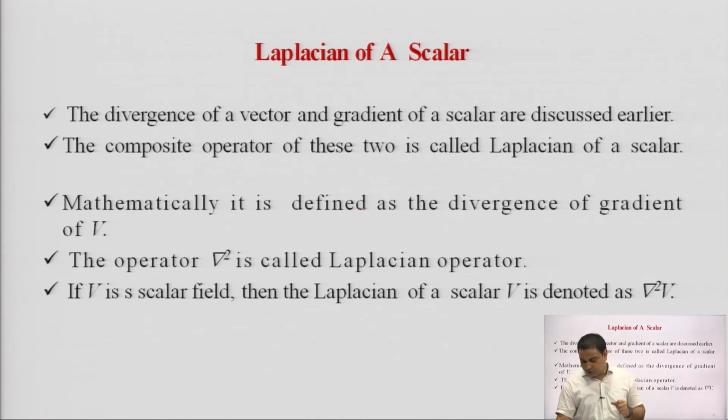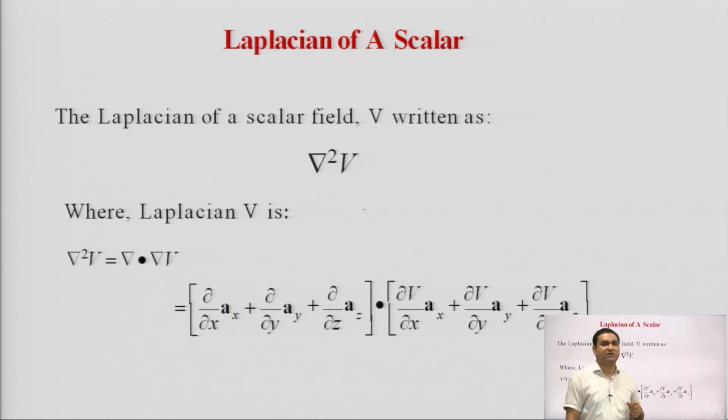It is a very important operator, and we have to use this Laplacian operator in all kinds of coordinate systems. The Laplacian of a scalar field V is written as del square V, which in Cartesian form can be written as del by del x A x plus del by del y A y plus del by del z A z, dotted with del V by del x A x plus del V by del y A y plus del V by del z A z.